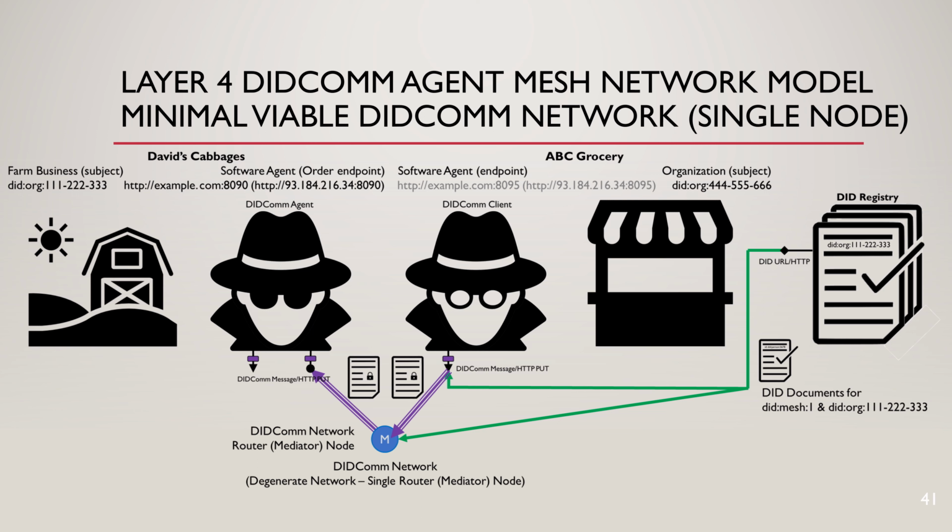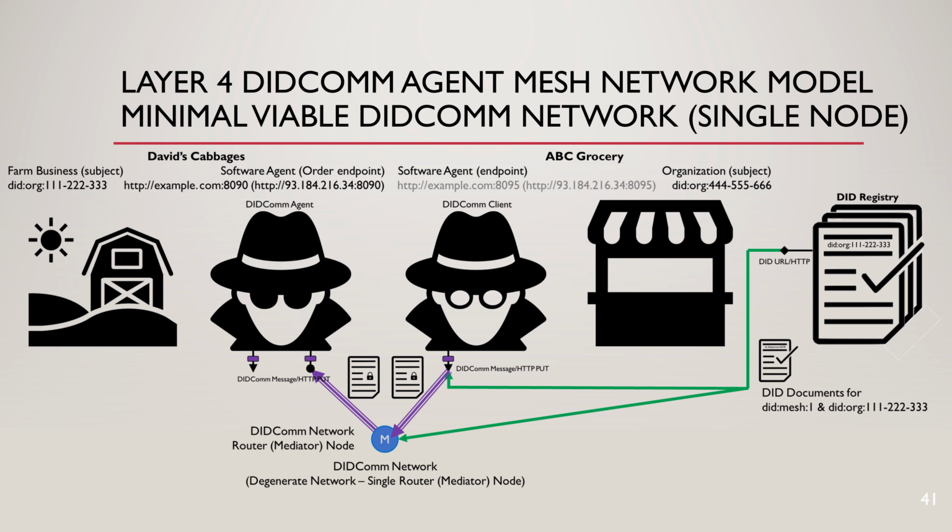And so the idea is that the sender, the client on the right, would forward that to a router node, in DIDComm terminology a mediator or a relay. And then when the agent on the left comes online, it can check that relay node to see if there are any DIDComm messages waiting for it.